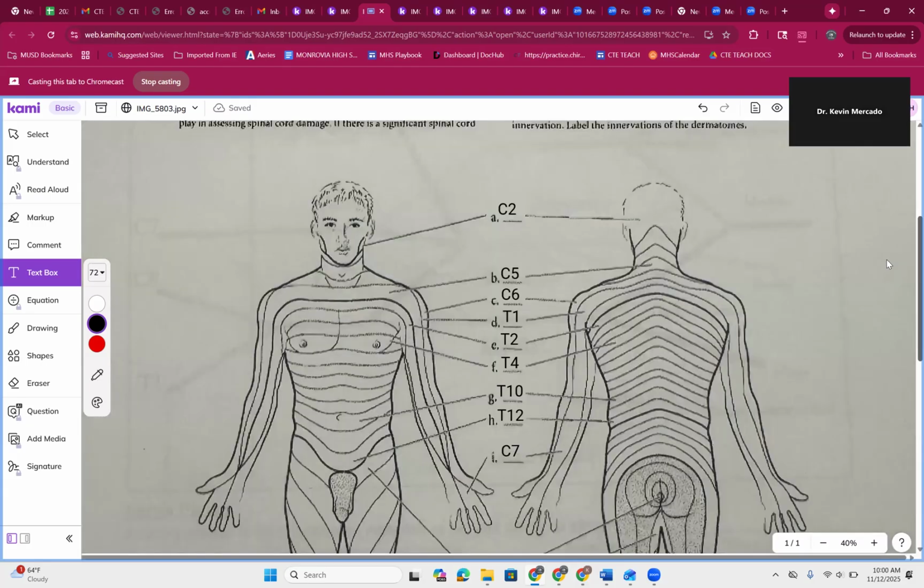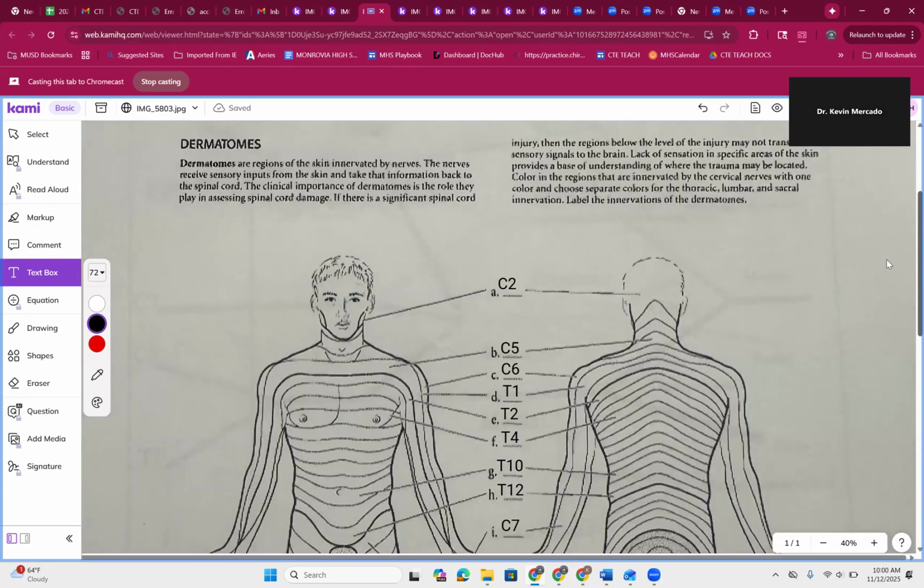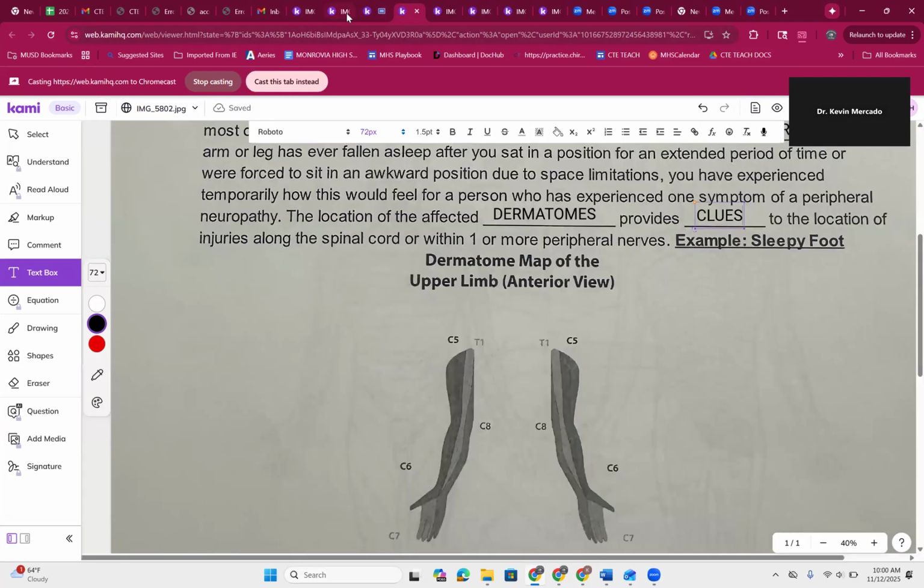All right, so that's the dermatomes page. We're going to move on to the next page, which looks like this.